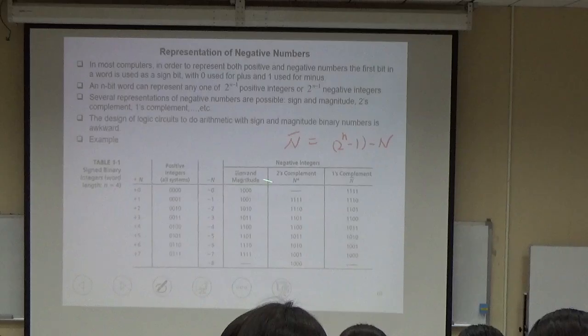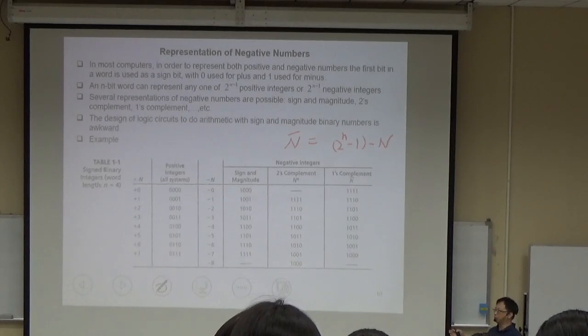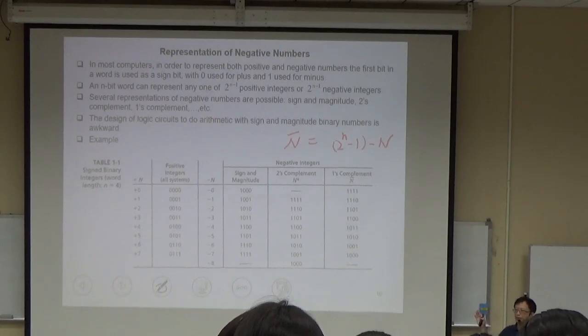Okay, so there are 3 different representations to represent the negative number. This one we seldom use because, as we have mentioned, it's awkward for the circuit. These 2 will be easy. Okay.